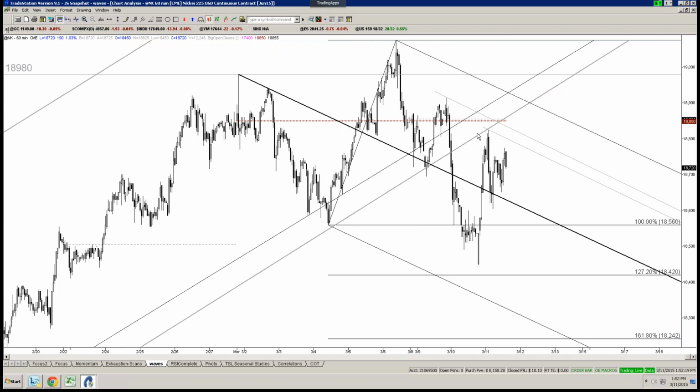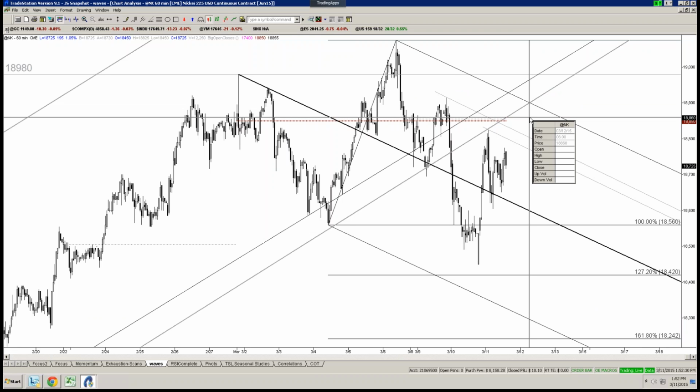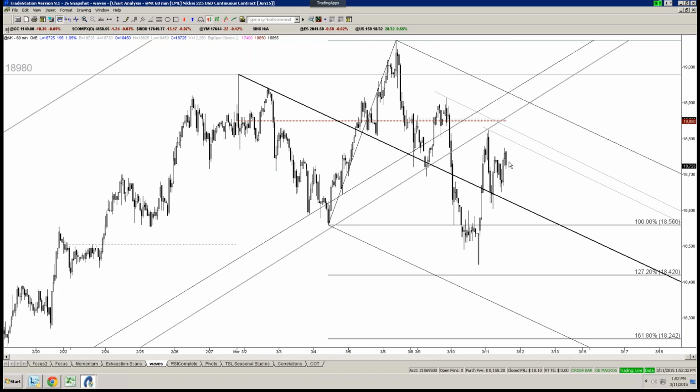the Nikkei traded up into one of these lines here, or even up here, even up to 18.9, and then failed, because at that point you would have multiple touches on a downward sloping line, and that's when you would want to take action in a market, right?